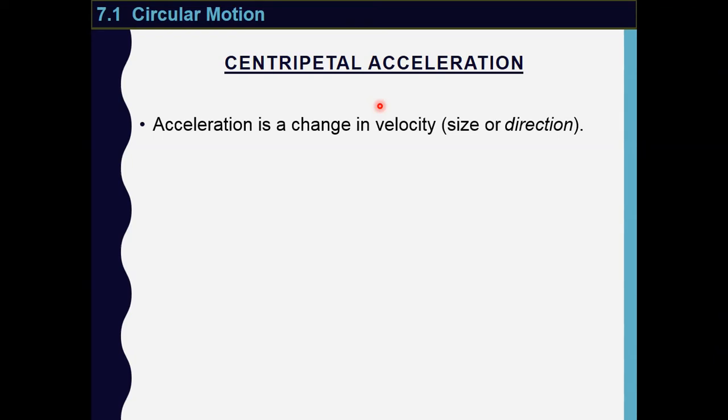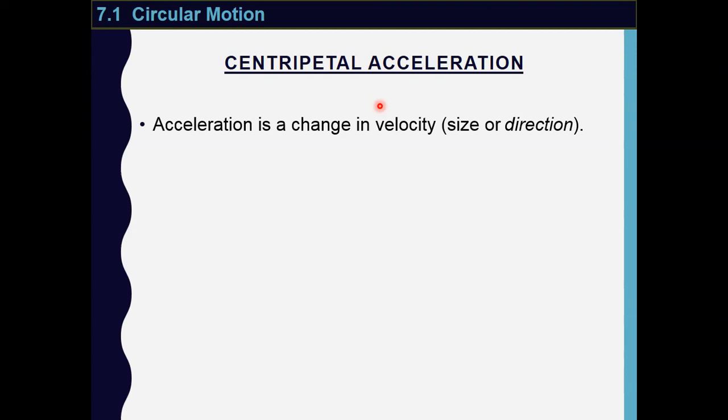In order to have acceleration, we must have change in velocity. If the velocity isn't changing, therefore no acceleration, right or no? Here in our examples about uniform circular motion, do we have acceleration or no?